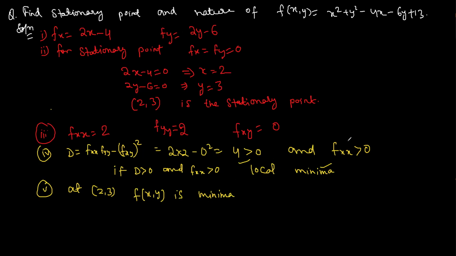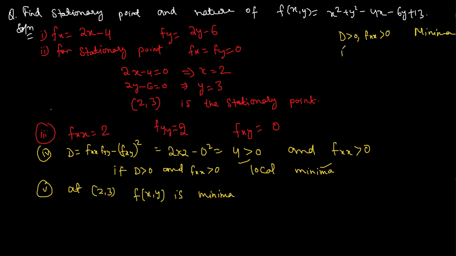Local maxima is when D is greater than 0 and f double x is less than 0. I write here once again. If D is greater than 0 and f double x is greater than 0, local minima.